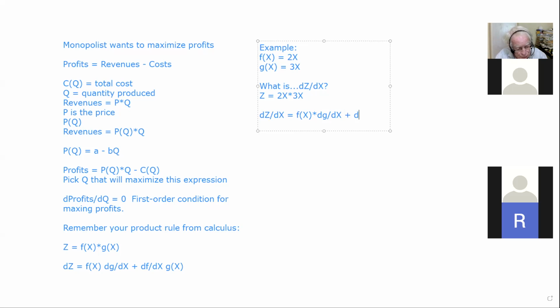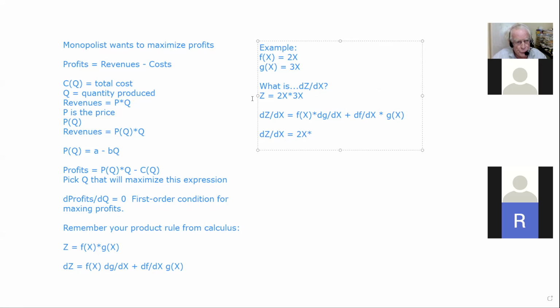And then next, differentiate f and treat as a constant the g of x. So let's see what we have. f of x in the example is just 2x.